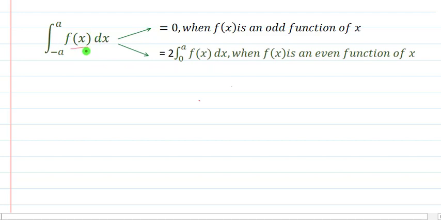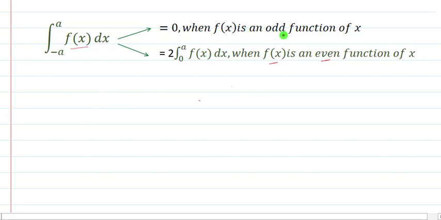If this function f(x) is an odd function, then the result of this property can be written directly as 0. And when the function f(x) is an even function, then the value of this integral will be twice the integral from 0 to a of f(x) dx.